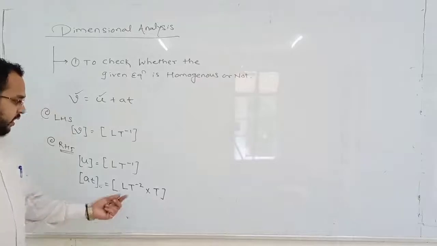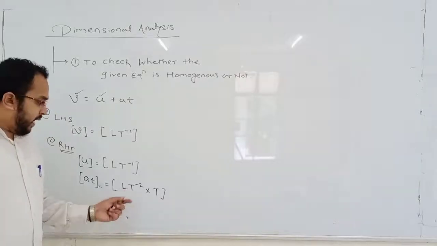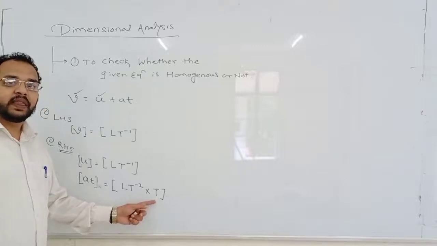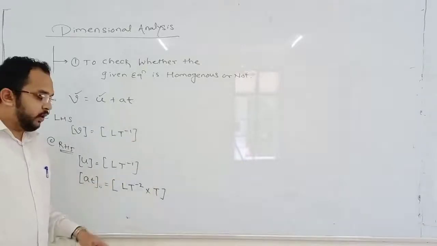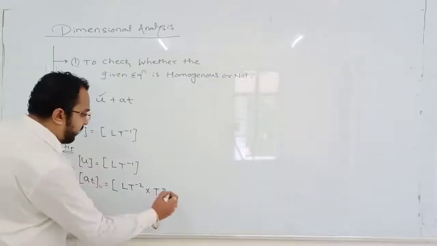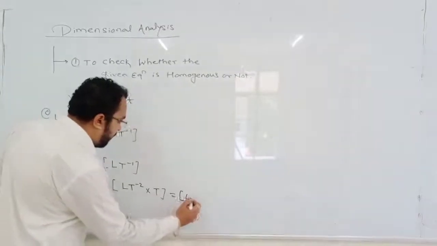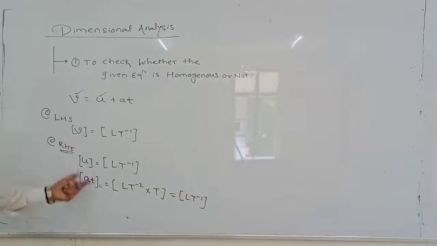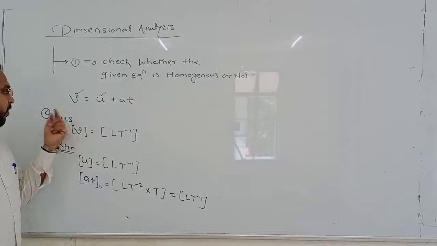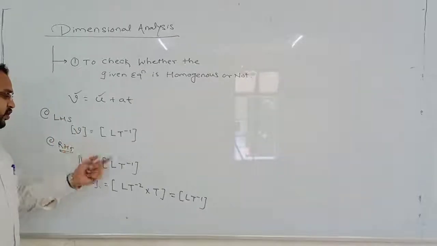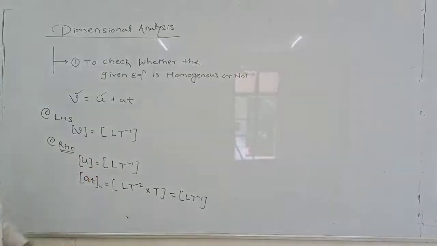Now see, here L is there, and t to the power minus 2 and a single t, that is t to the power plus 1. So minus 2 and plus 1 will become minus 1. What you can observe here is that the dimensions of all the terms of LHS are equal to the dimensions of each and every term of RHS.